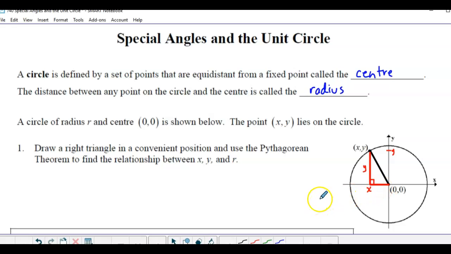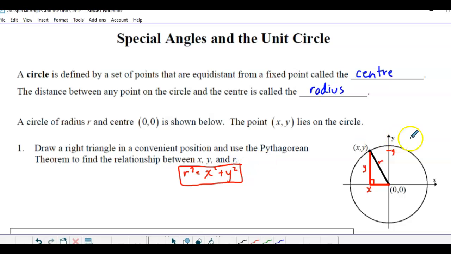Now find the relationship between x, y, and r. Well, r is the hypotenuse, so r squared equals x squared plus y squared. That's the Pythagorean theorem, and that is the relationship. That actually gets you every point on that circle, so that's the equation of a circle.